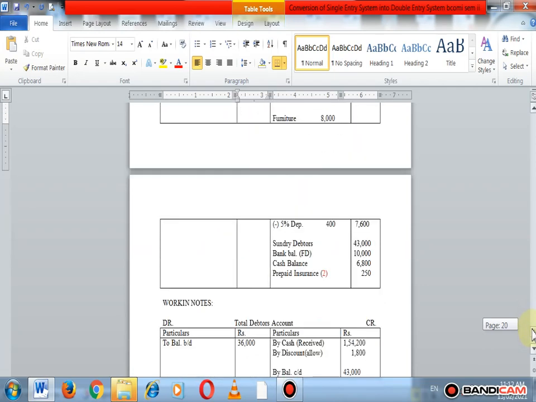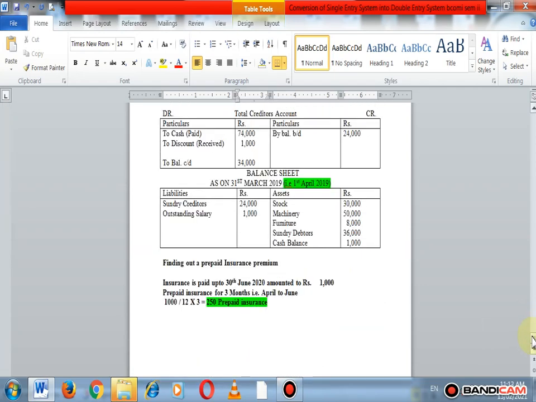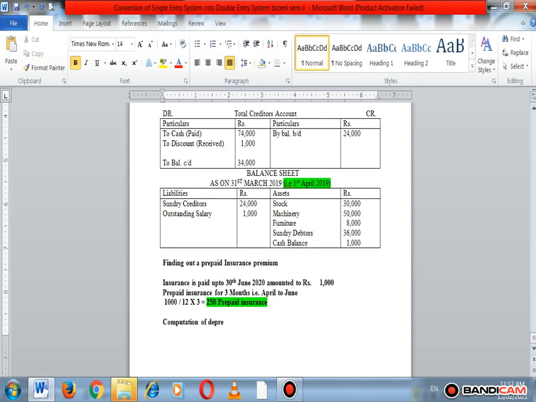Then we compute a depreciation on furniture. So here, computation of depreciation on machinery.